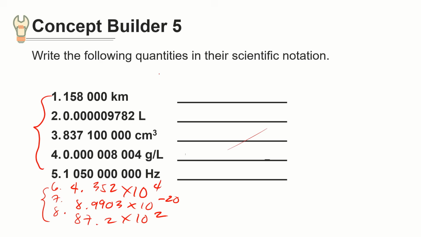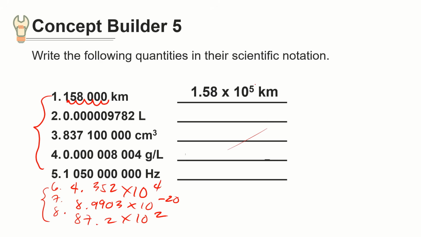You may pause this video and then resume watching to see the answers. For number 1, the correct answer is 1.58 times 10 raised to 5, because from this value we move the decimal 1, 2, 3, 4, 5 times to the left.